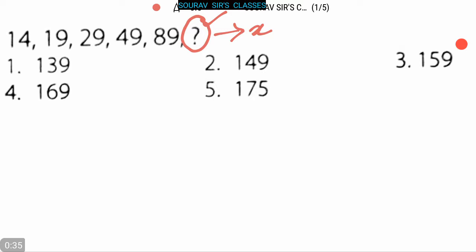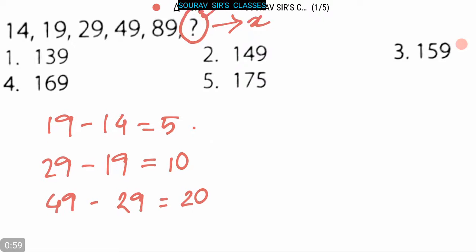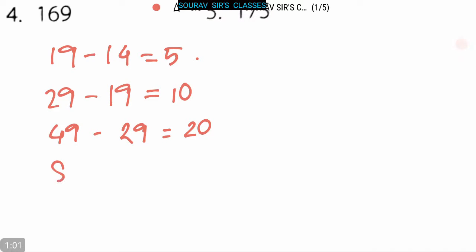Now the difference between 19 and 14 is equal to 5. Now the difference between 29 and 19 is equal to 10. Again, the difference between 49 and 29 is equal to 20, and the difference between 89 and 49 is equal to 40.